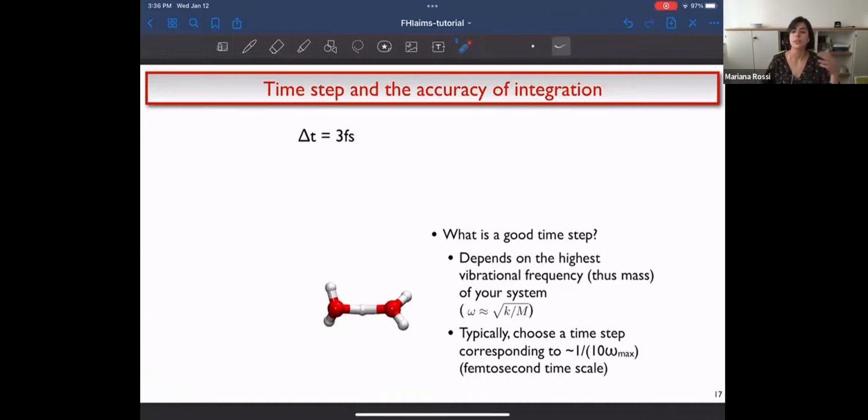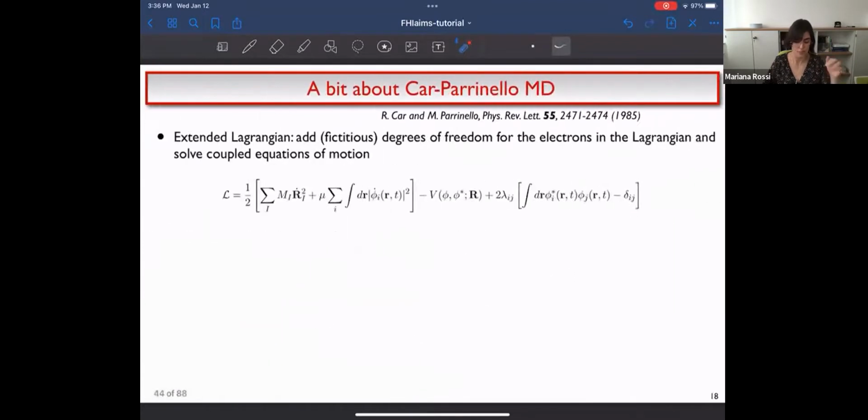But of course, you have the time step that is nicely given by what I just showed before. You have to converge your self-consistent cycles well, even if you can correct your forces for some lack of self-consistency in this energy expression, but you still need to pay the price of going over all of these self-consistent steps.